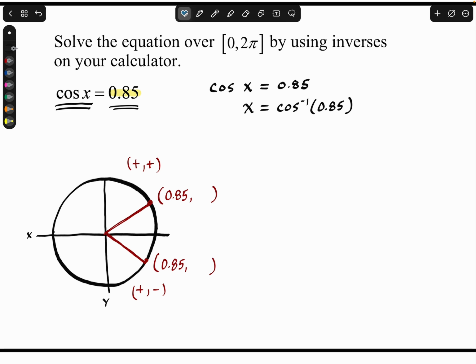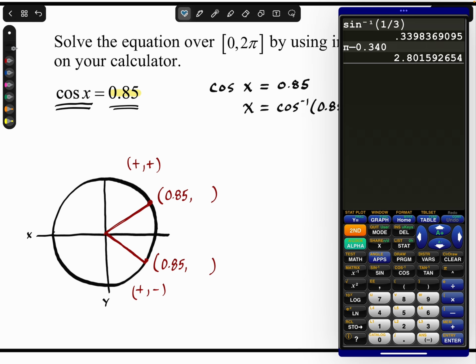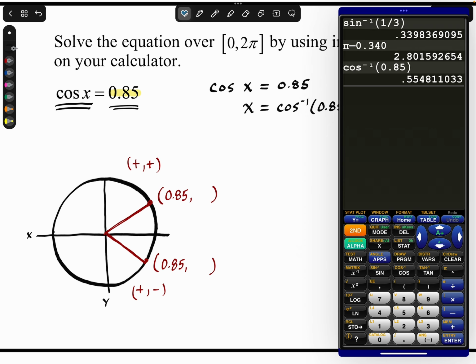What we've got is the inverse cosine of 0.85. Let's type that in on the calculator. Second cosine, 0.85, enter, and we get about 0.5548, so we'll round it to 0.555.